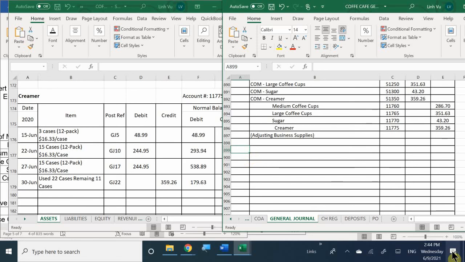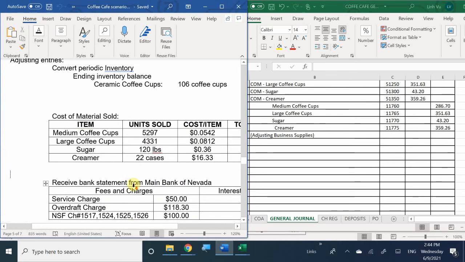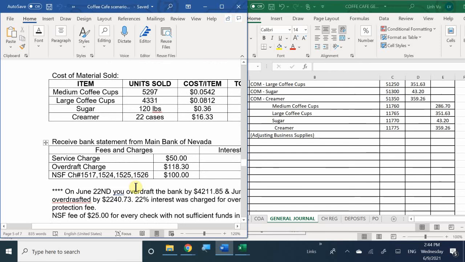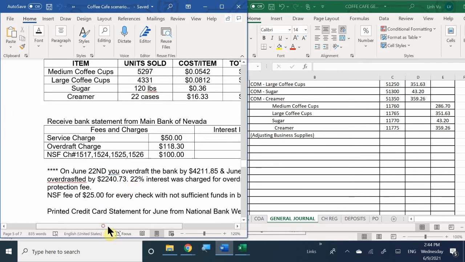Excellent. All right, so then let's see what has happened next. We got a bank statement from the main bank of Nevada.